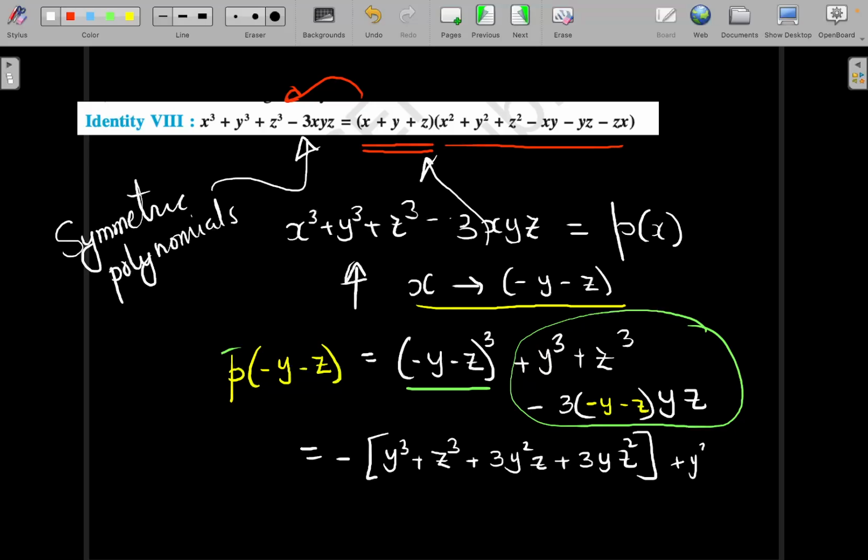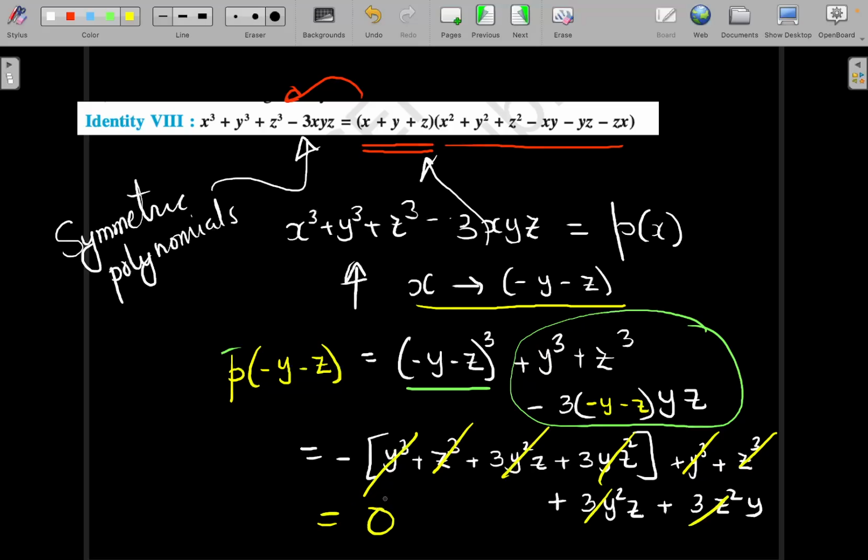Plus y cube plus z cube, and then I'm going to expand this, minus into minus is plus, so plus 3y square z plus 3z square y. And there you see everything cancels out very nicely, and you get a nice 0, and therefore by the factor theorem x plus y plus z is a factor.